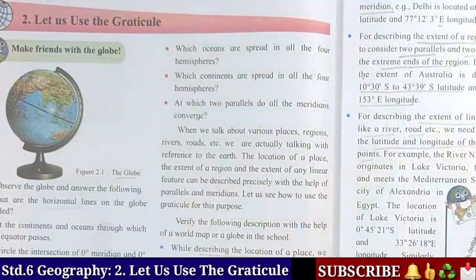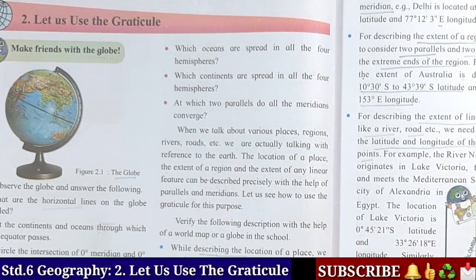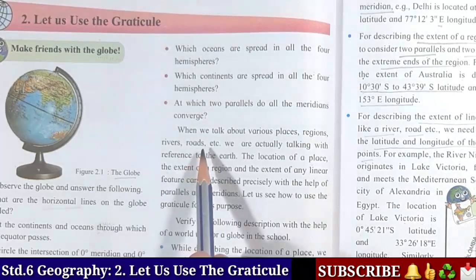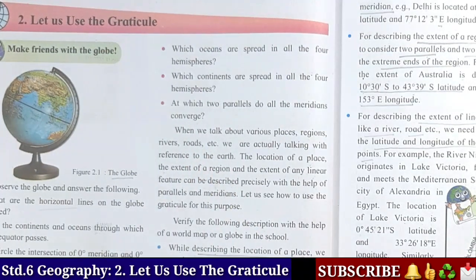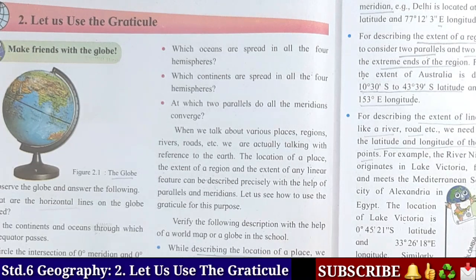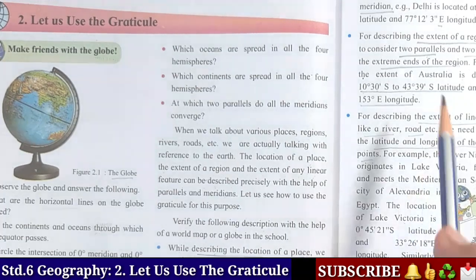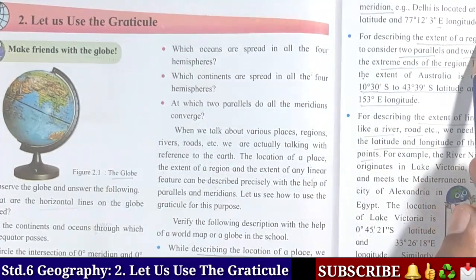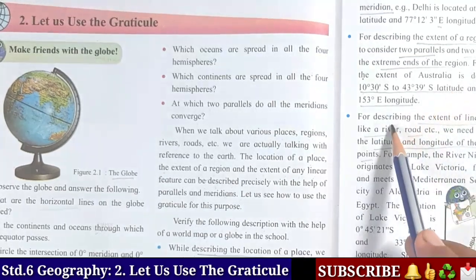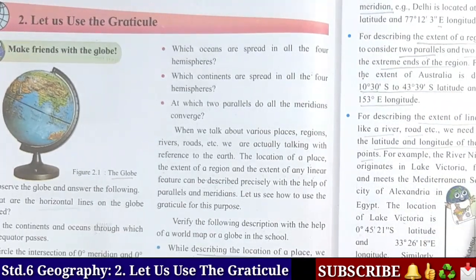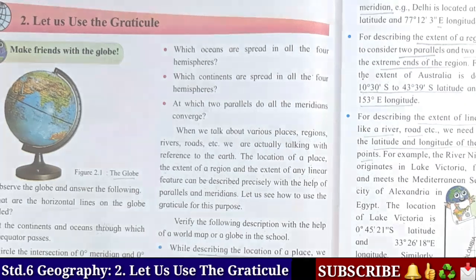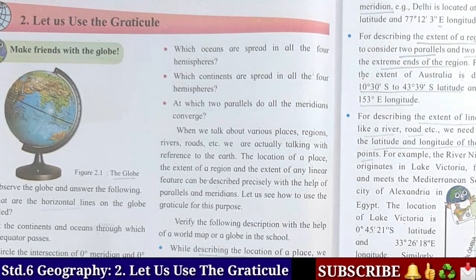Very good. Okay, students, so here we have studied how to identify the location of a place, region, river and road. We have also covered describing the location of a place, describing the extent of a region, that is an area, and describing the extent of linear features in detail with examples as well as with a map.